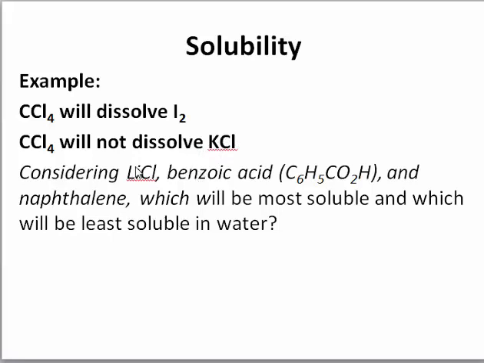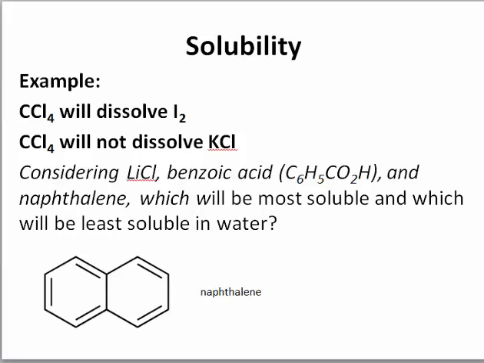Alright, considering three species, lithium chloride, benzoic acid, and naphthalene, which will be most soluble and which will be least soluble in water? The molecules we're dealing with are important here, so it is important to know that naphthalene is a molecule made entirely of carbon and hydrogen atoms.